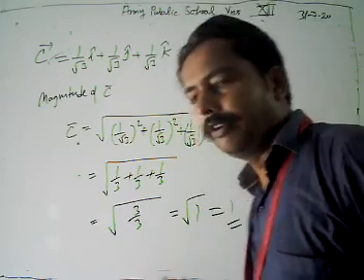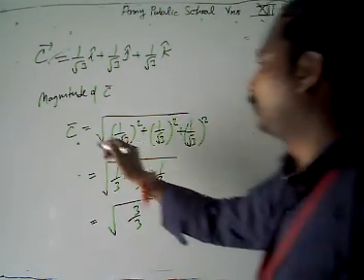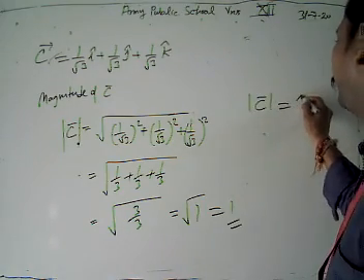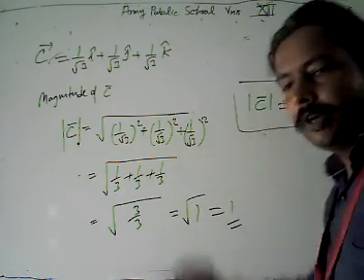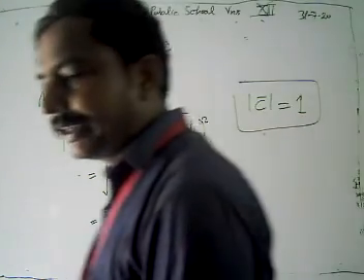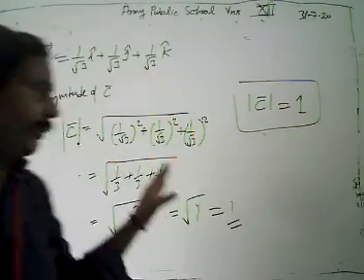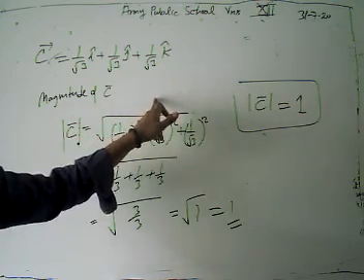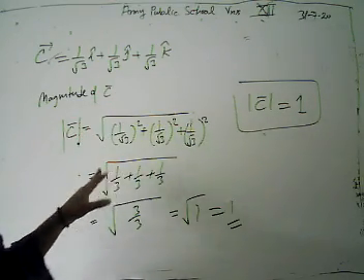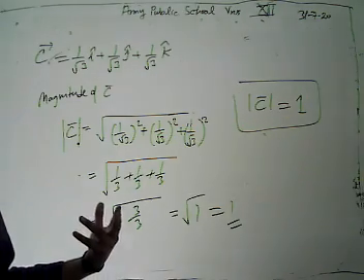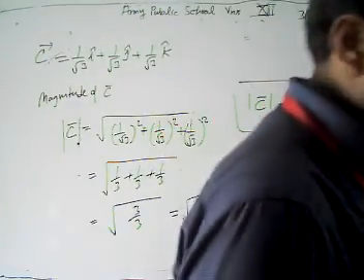So the mod of vector C is 1. If we take x i cap plus y j cap plus z k cap, the magnitude of the vector is given by under root x square plus y square plus z square. After solving we get the magnitude of vector C as 1.